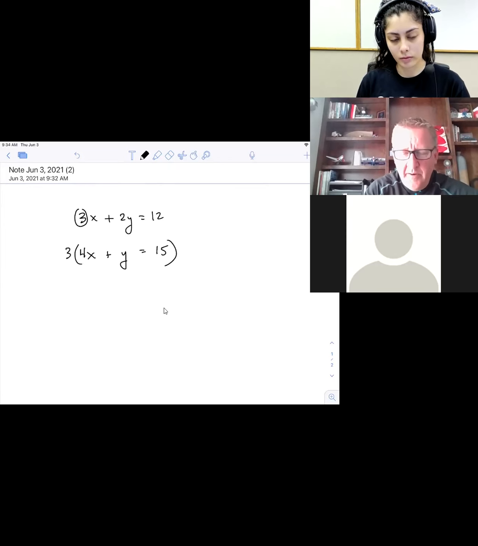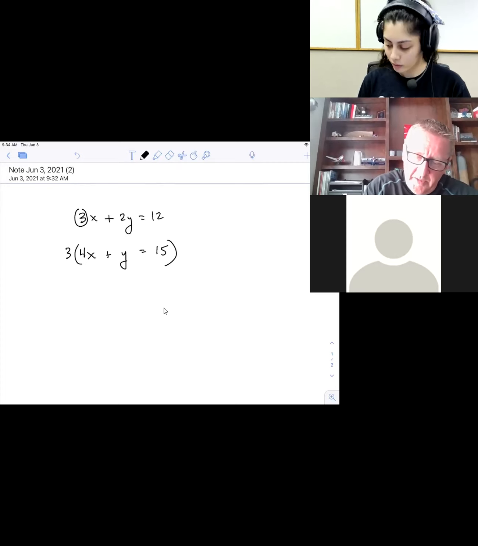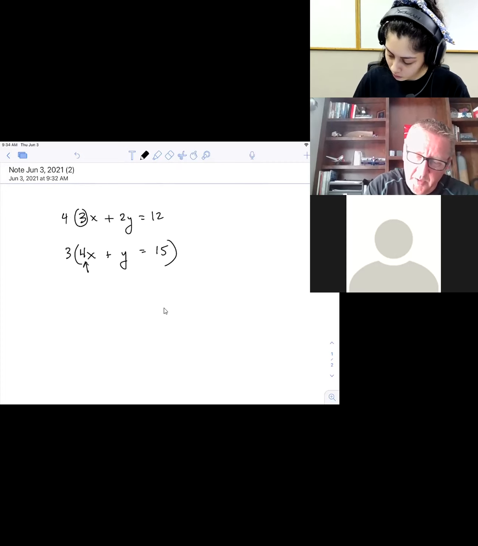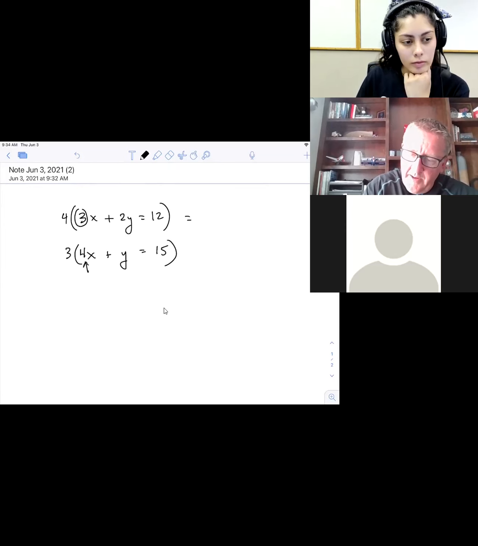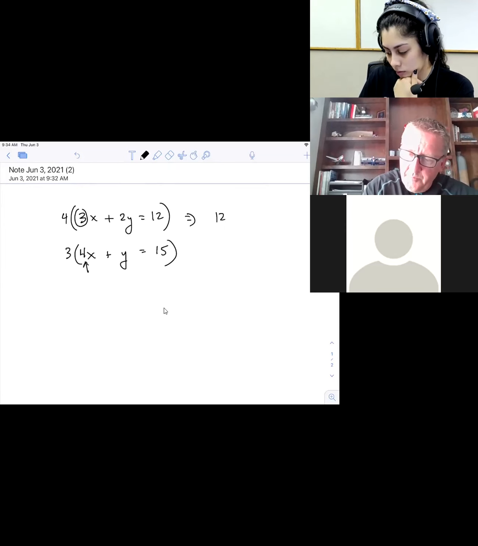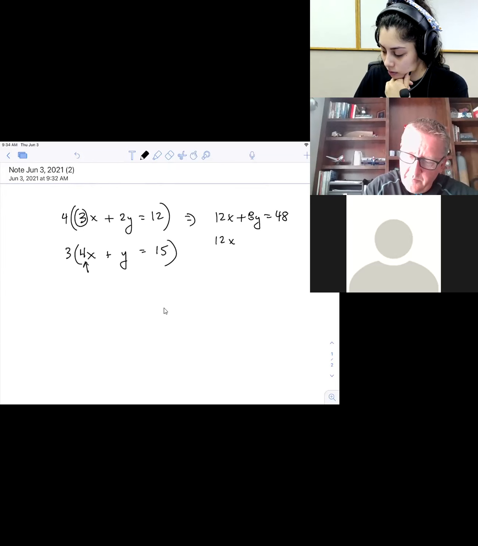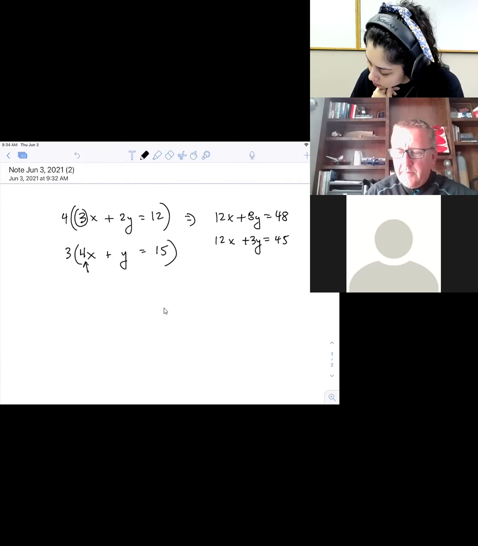This is what you do in linear algebra. Then I take this number and multiply it up here, so that the top equation becomes 12x plus 8y equals 48, and the bottom equation is now 12x plus 3y equals 45.